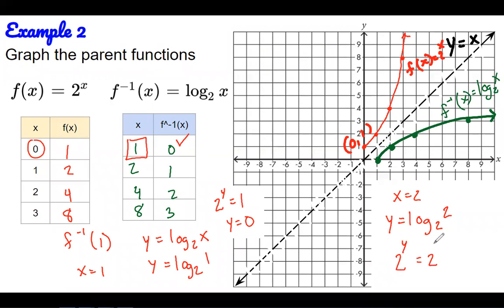So what is my exponent? y equals 1. So does my y value equal 1? Yes, it does. I can try it for the next value and the next value and so on and so forth, and I'll continue to get my inverses. So we have now proved that we have our parent function, 2 to the power of x, and its inverse function is log base 2 of x, okay?